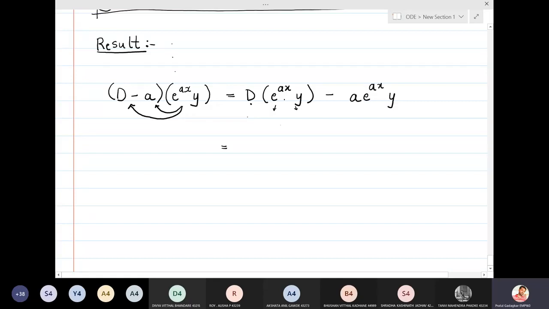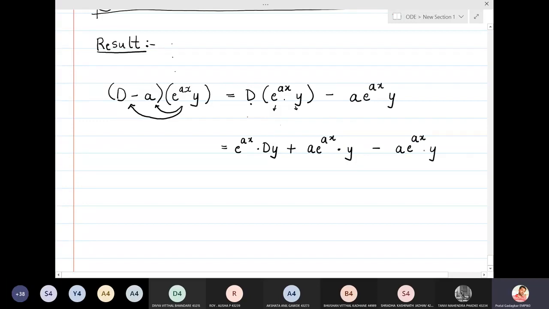So first function as it is into the derivative of the second function plus the derivative of the first function, which is a e raised to ax, into the second function as it is, y, minus a e raised to ax y.